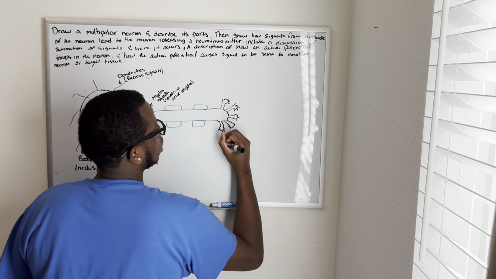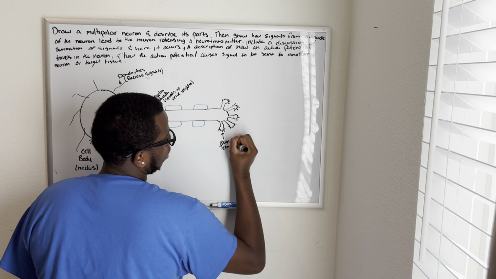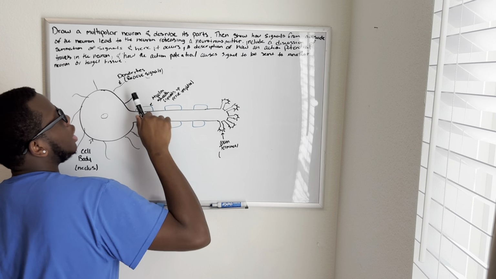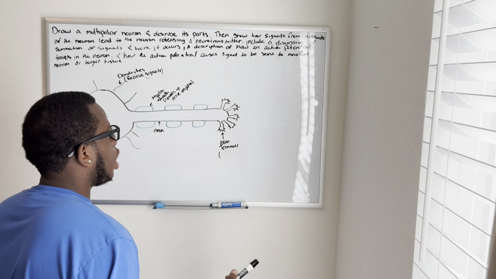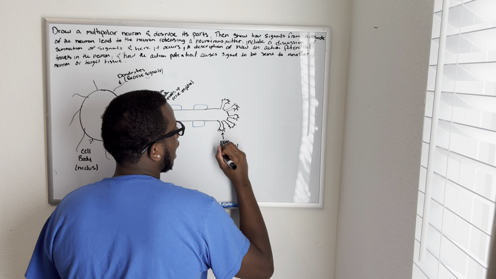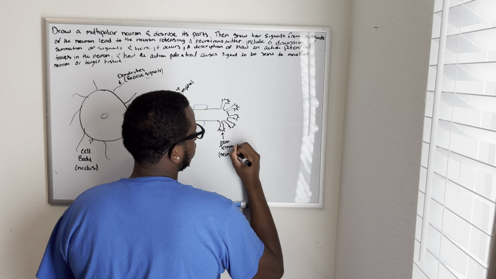These little things at the end are called axon terminals, and these are where they connect to other dendrites on other neurons, and they send out neurotransmitters.